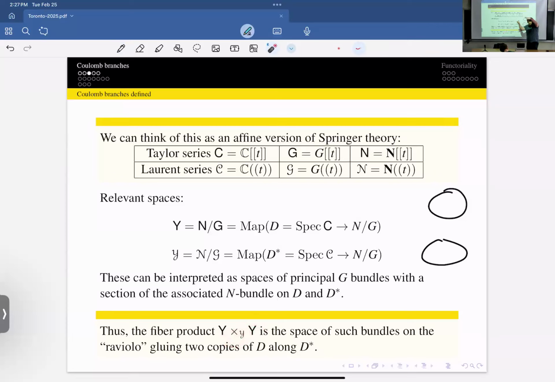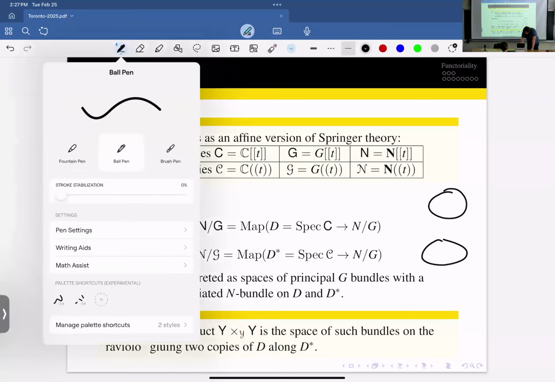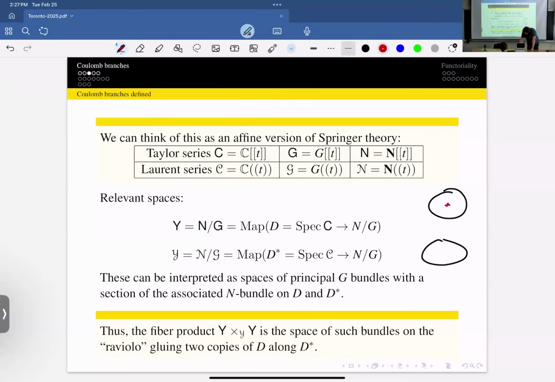It means I'm taking the principal bundles on the two copies of the disk, and I'm identifying them away from the origin. So away from the origin, I'm gluing these guys together, and I'm making this thing called a raviolo. So interestingly, this fiber product I can think of as bundles on the raviolo with a choice of the associated bundle for N.